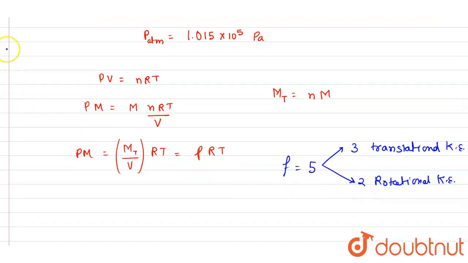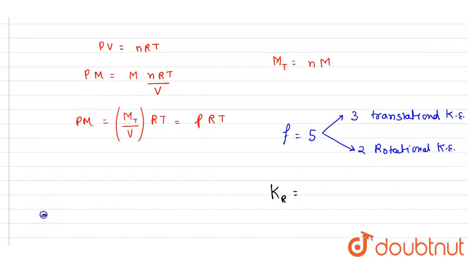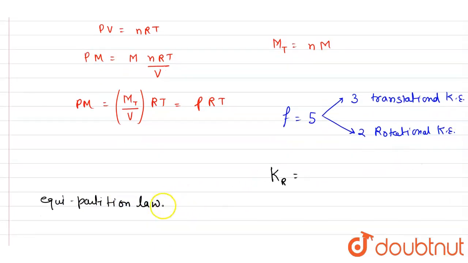Now I will write down this rotational kinetic energy. So from the equipartition law, we know that each degree of freedom has nRT by 2. So for the rotational kinetic energy, with 2 degrees of freedom, I will write 2 into nRT by 2.